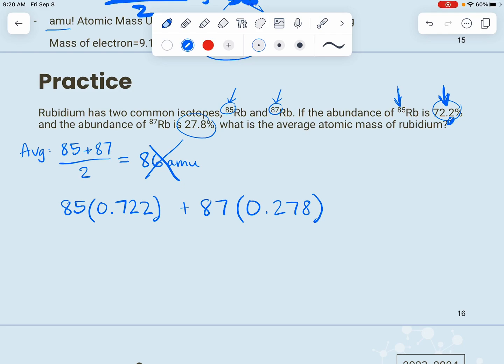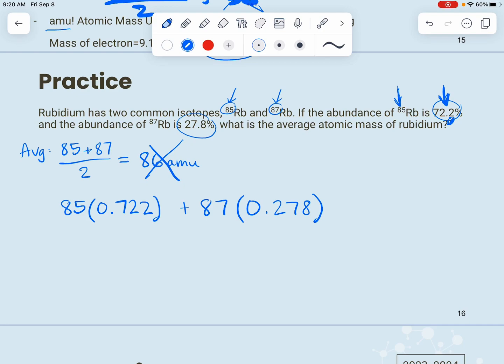The weights, you guys, these percentages of abundance are already taking into account the part of the whole that these represent, so you don't need to do any divide by 2 at the bottom. The percentages are taking care of that math already. You don't have to do what you would normally do in an average, okay?